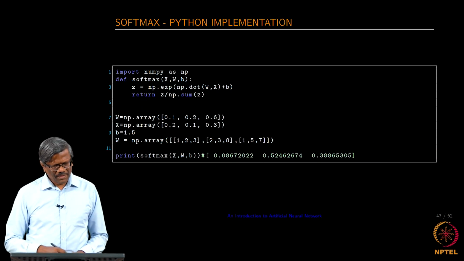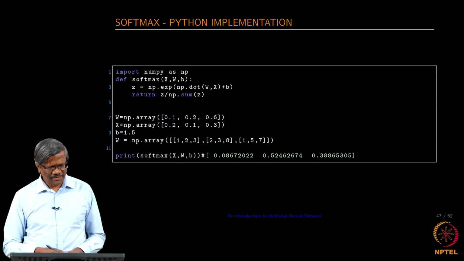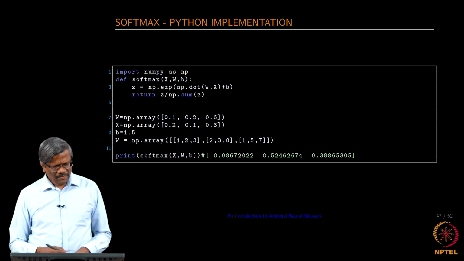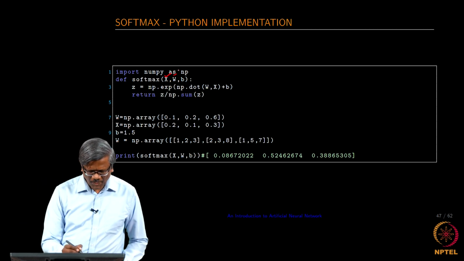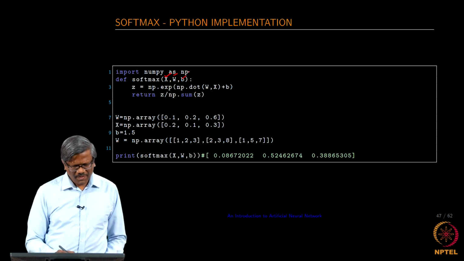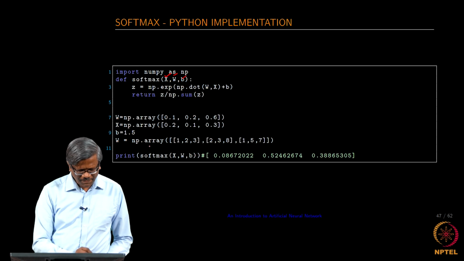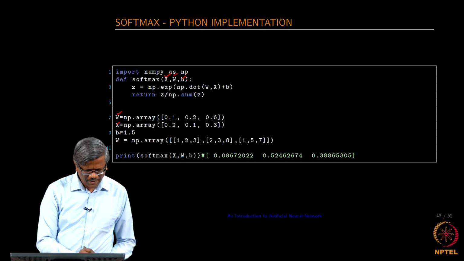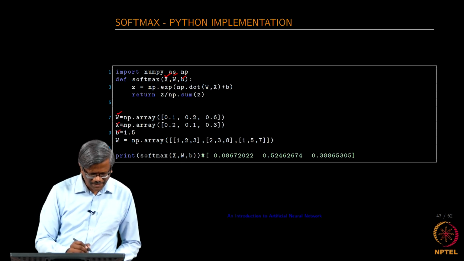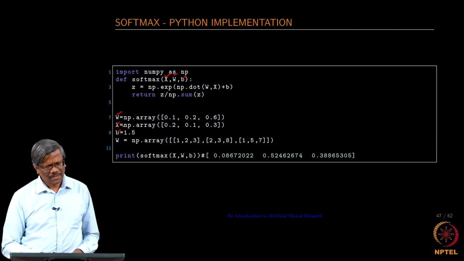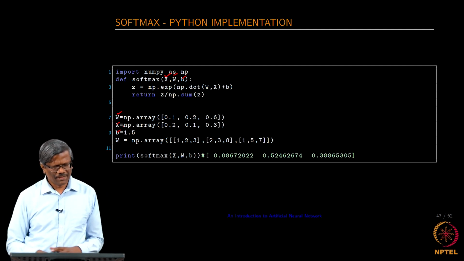Okay. A simple implementation would be as follows. So, you have the input and the output and the bias, and we need to find the softmax for W x plus B. When you input W, x and B, it should give you the distribution.